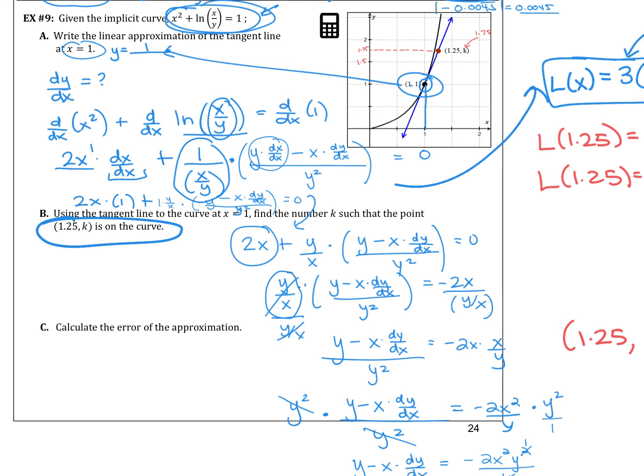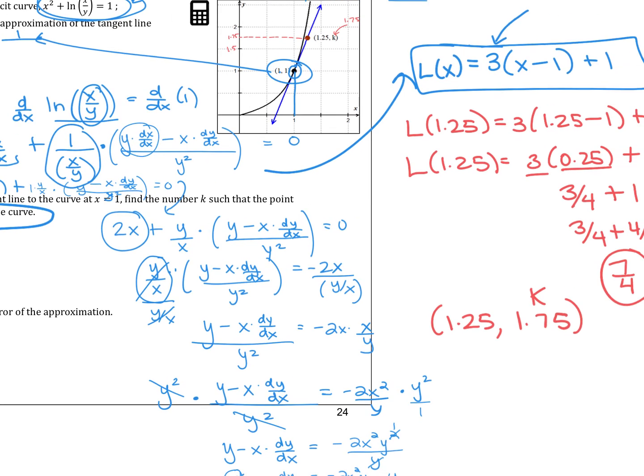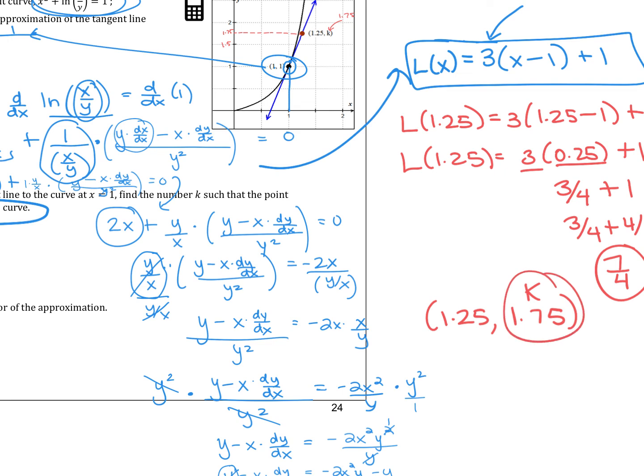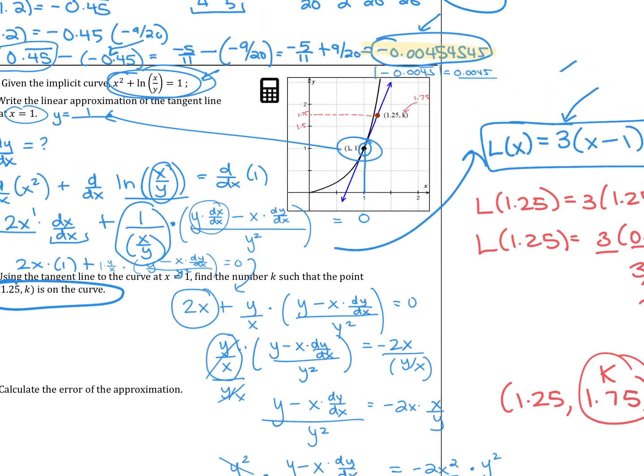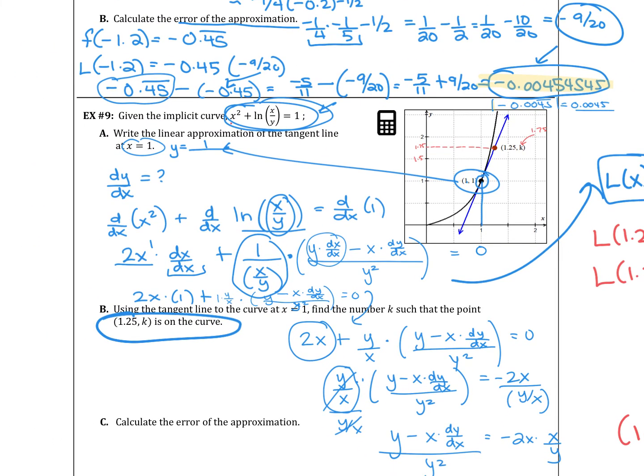Now, what they did to find the actual value at 1.25, this is an approximation using our linearization equation. But they did actually explicitly write this curve.